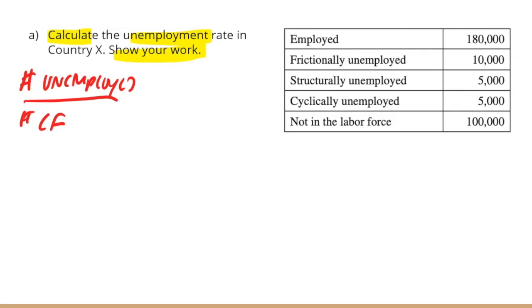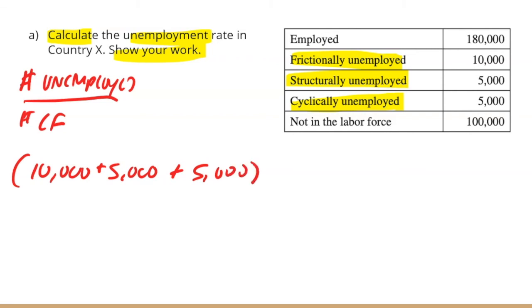Well, here, right, our unemployment rate, well, we already know the number of unemployed. We have our frictional unemployed, our structural unemployed, and our cyclical unemployed. So in other words, to get to the number of unemployed, it's just 10,000 plus 5,000 plus the additional 5,000 people that are unemployed, divided by the number in the labor force.